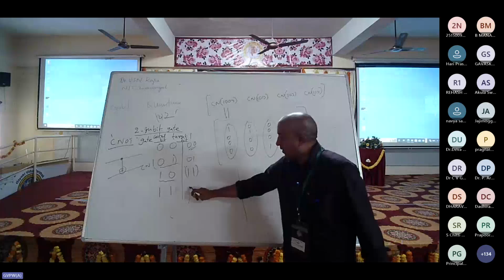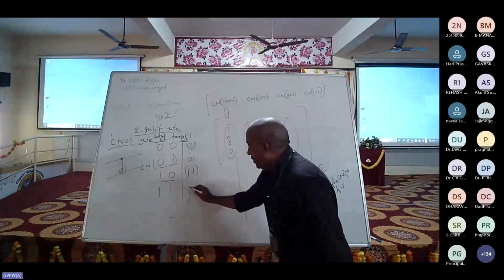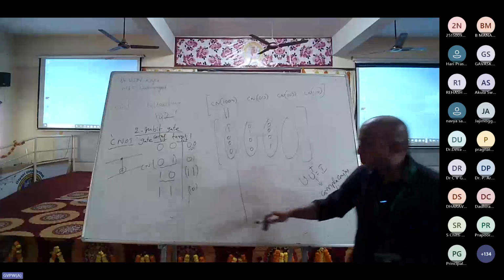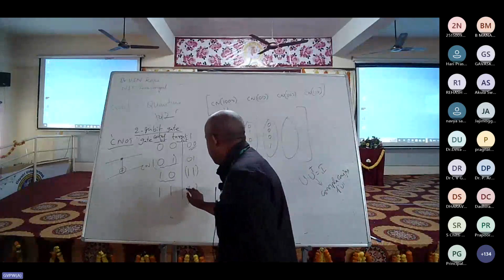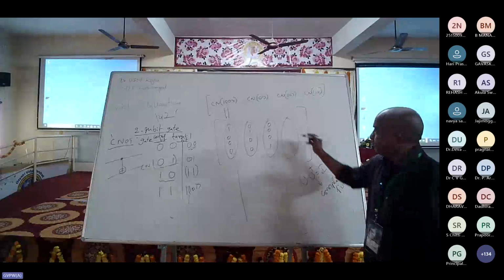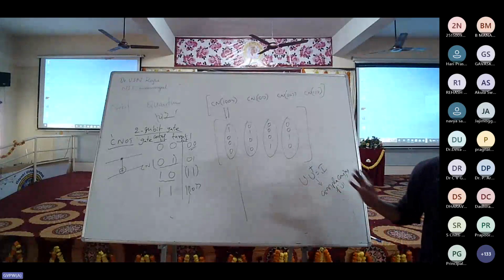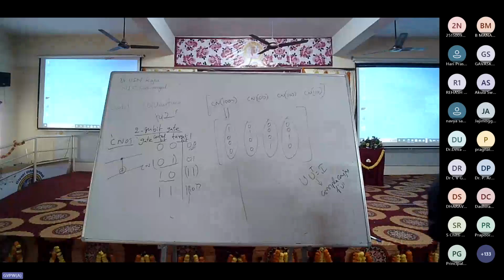Similarly, what is the representation of this one? Because it is 10, that is ket 10 actually. How do you represent ket 10 in column vector? 0 0 1 0. Very good. That's all. This is known as the unitary matrix for C-naught.